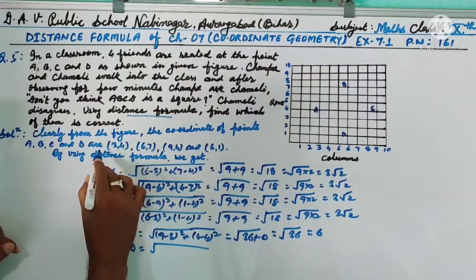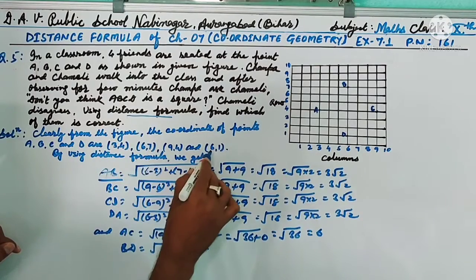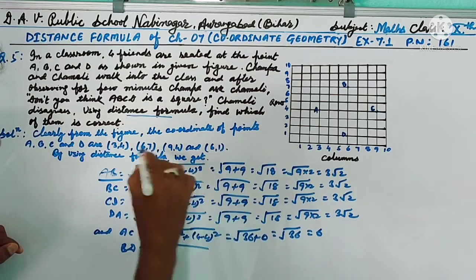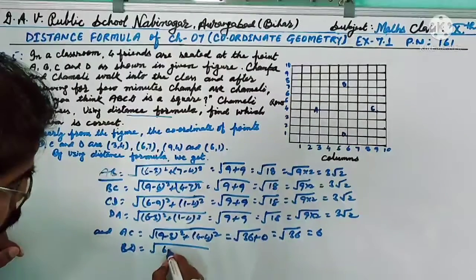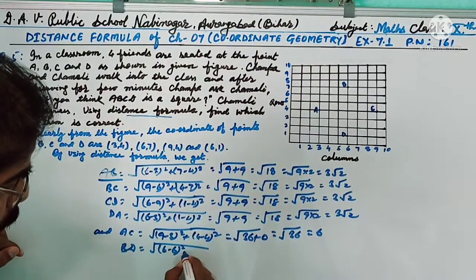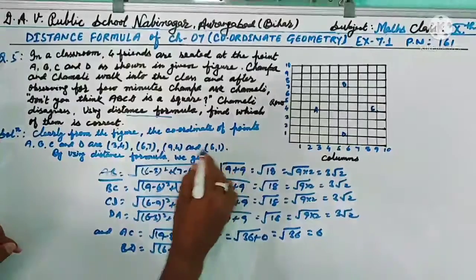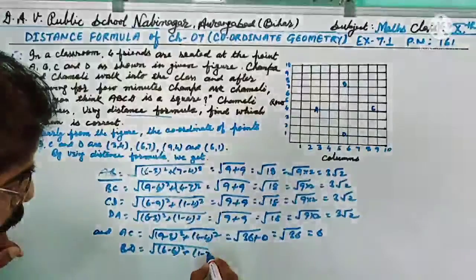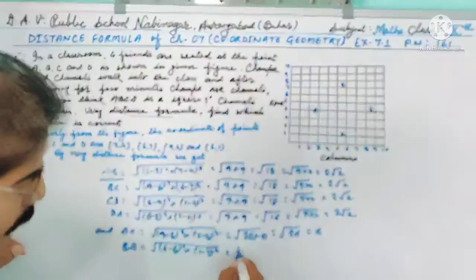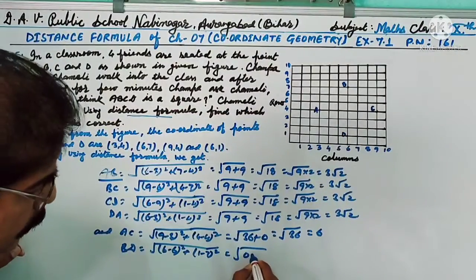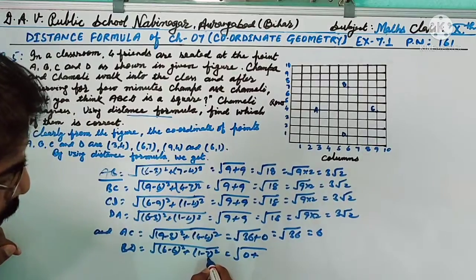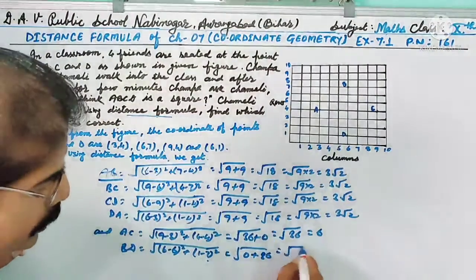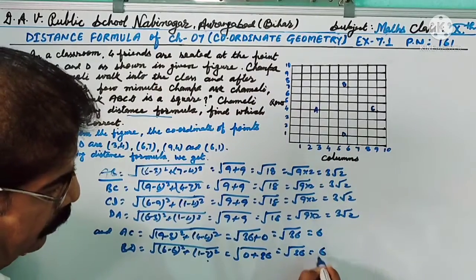BD: coordinate of B is (6, 7) and coordinate of D is (6, 1). So (6 minus 6) square plus (1 minus 7) square is equal to 0 square, 0, plus (1 minus 7) is minus 6, square, that is 36, equal to 36, equal to 6.